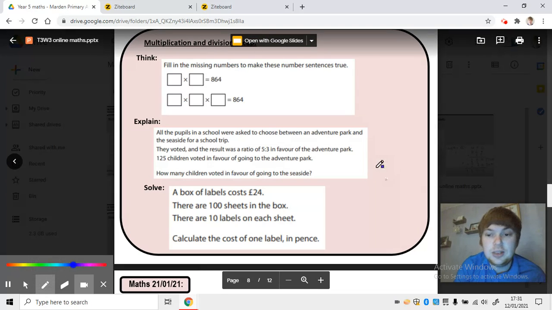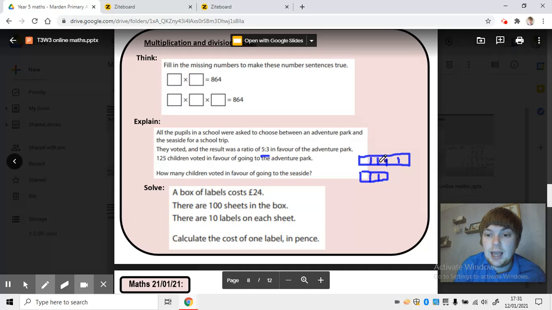My help to you on this one is this 5 to 3 ratio. You know that means you have got 5 to 3.